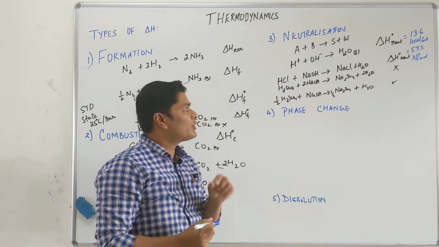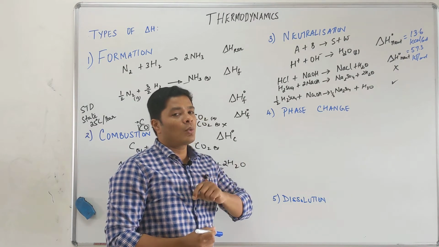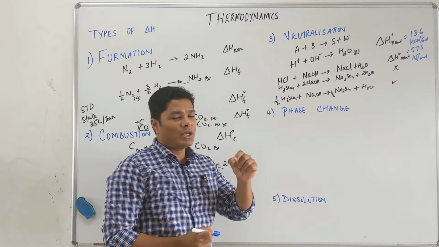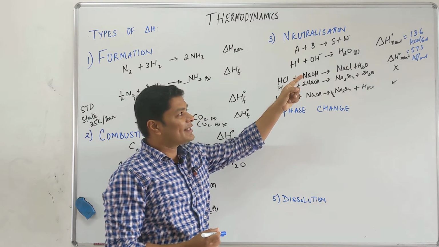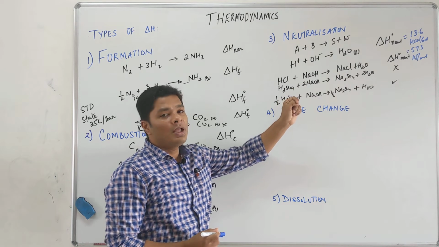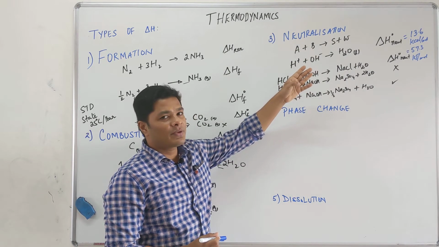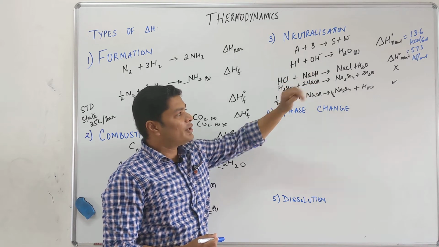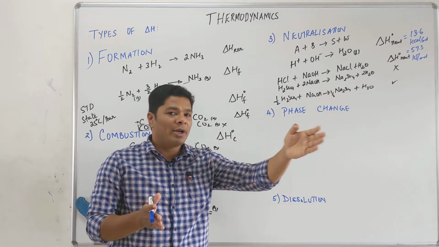What it means is, when 1 mole of H plus from a strong acid and 1 mole of OH minus, or 1 equivalent of a strong acid reacts with 1 equivalent of a strong base, the amount of heat liberated is 13.6 kilocalories or 57.3 kilojoules. The conversion between them is, if you multiply 13.6 times 4.184, you get the conversion into joules. So you will get 57.3. So this is the amount that you will liberate.